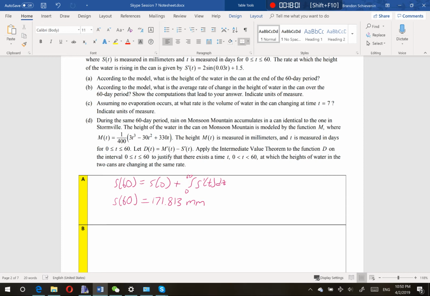So what's the algebra form of the slope? From start to end, which is the integral divided by 60. Okay, you're right. I'm going to write this as s at 60 minus s at 0. So that's my change in y over my change in x, 60 minus 0, should be equal to my average rate of change of s.